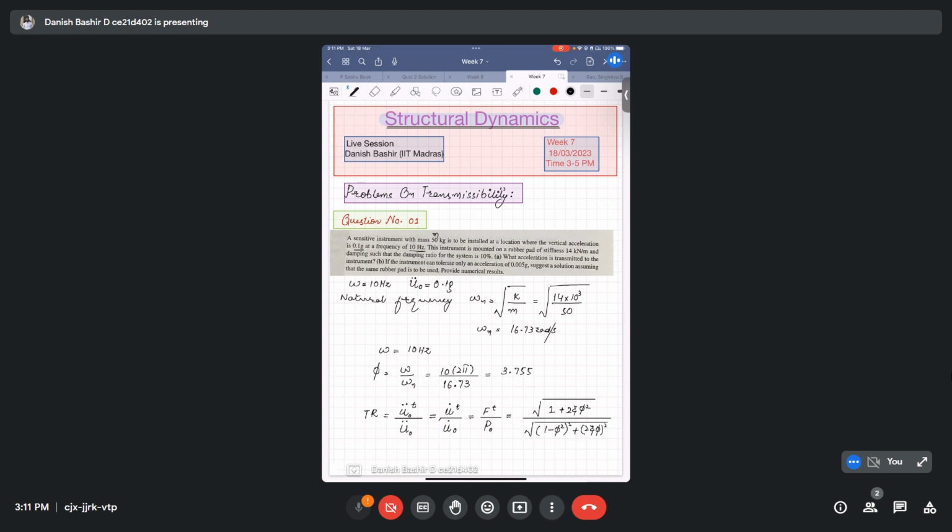One more thing, theta is also given as the damping ratio of 10%, that's 0.1.